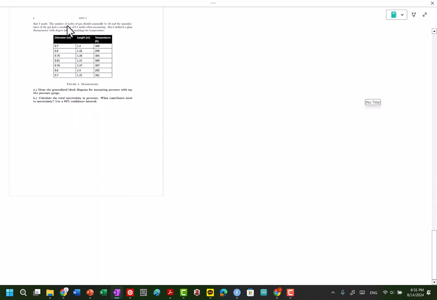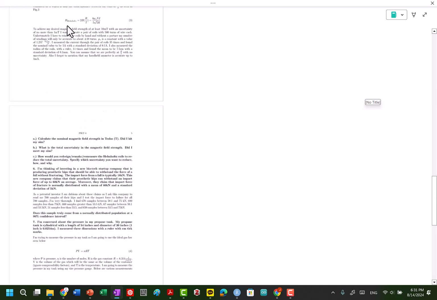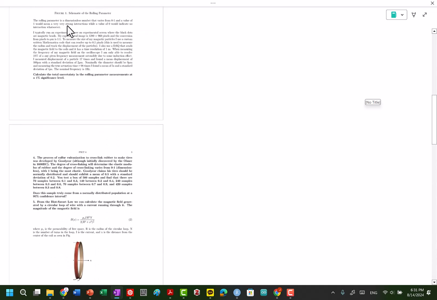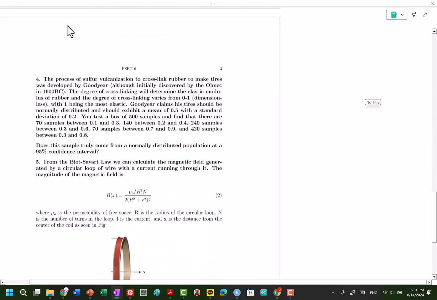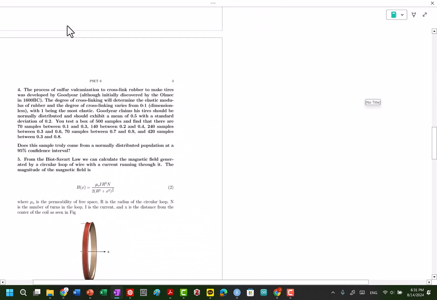So what I want to do right now, while we're still thinking about looking at if our things are normally distributed or not, is actually calculate this next problem. So let's look at vulcanization. Degree of cross-linking, 0 to 1. So we should have a mean of this, standard deviation of 0.25. 500 samples.